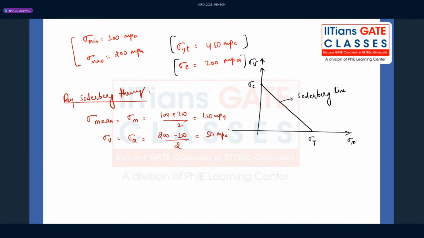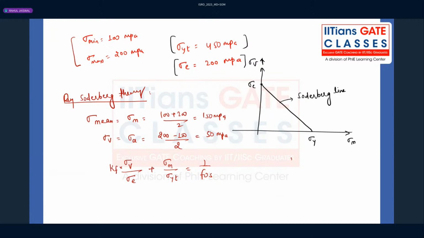right? So now when you calculate the variable stress divided by endurance strength plus mean stress divided by yield strength, that is equal to 1 upon factor of safety. That is the formula. Here kf will be multiplied.